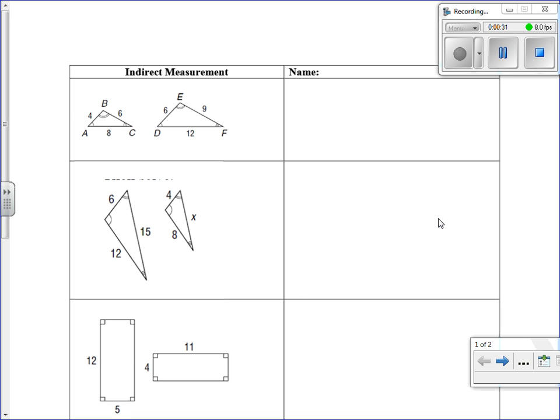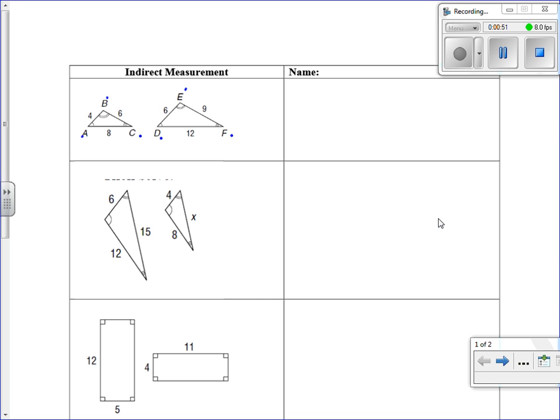Here we have triangle ABC, and we have triangle DEF. What we need to determine is whether or not these two triangles are similar in size. And what similar means is they're the exact same shape.